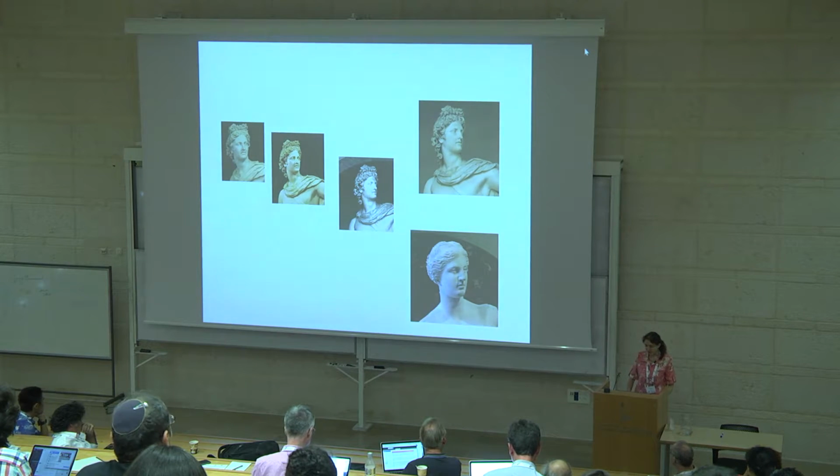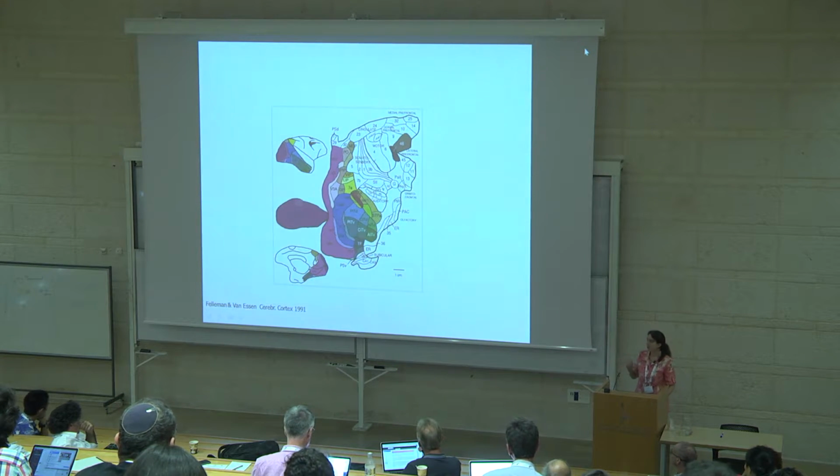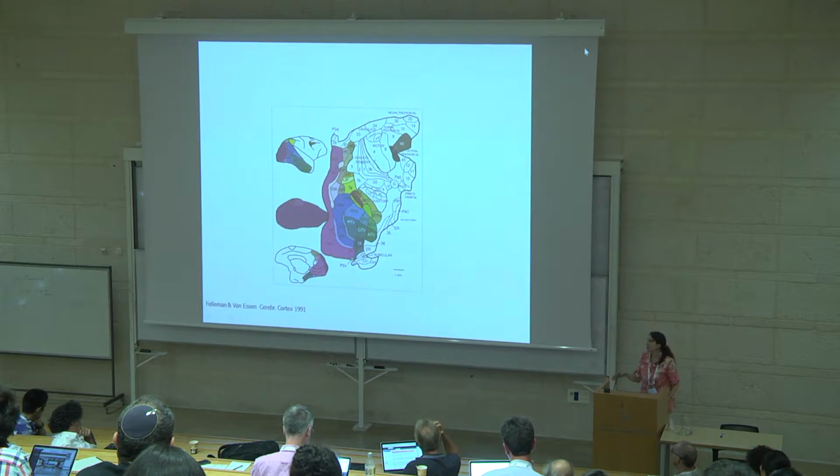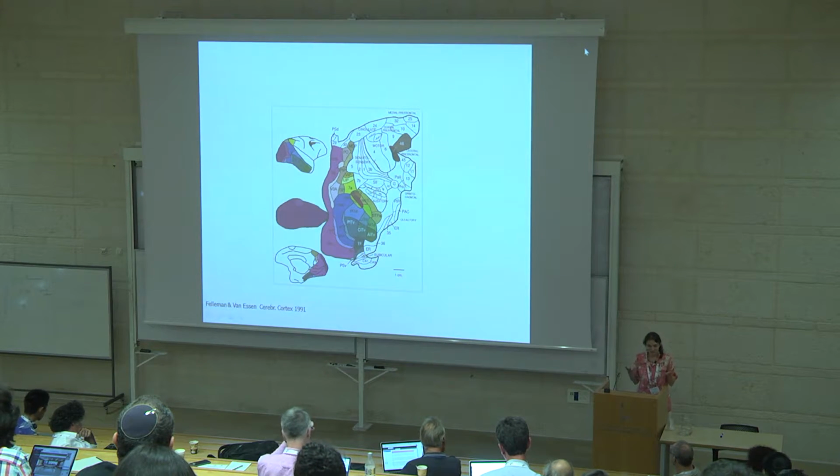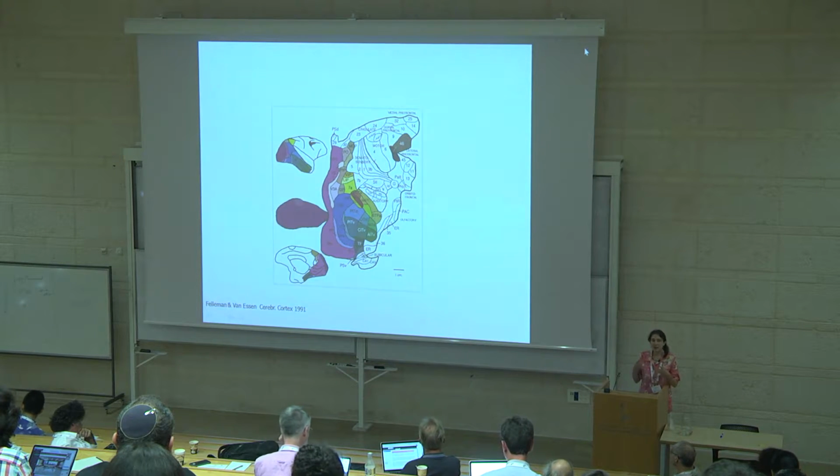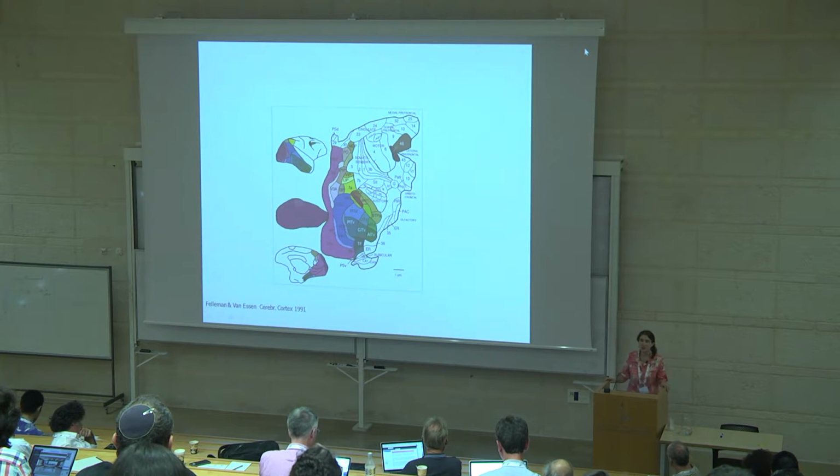But even if we look at vision, this is an example from a classical paper by Felleman and Van Essen, where they colored all areas that participate in visual object recognition. So we know that it's approximately between 1/3 and 1/2 of the primate brain, plus if we add other senses. So if we understand even visual object recognition, we will go a long way towards understanding what the brain does.